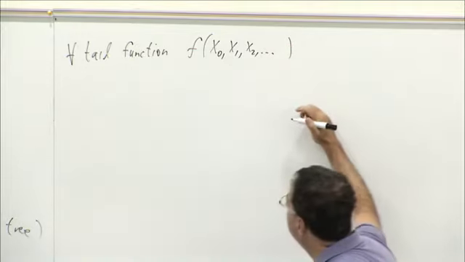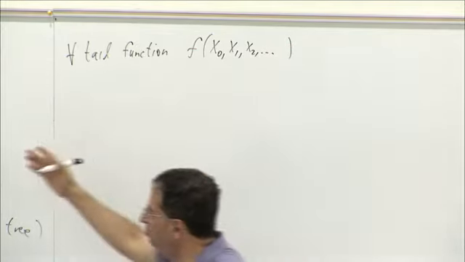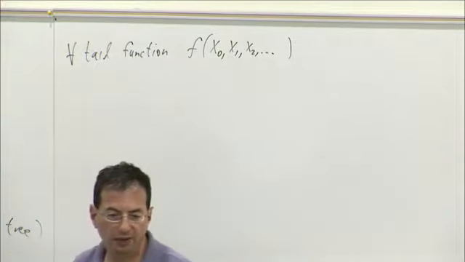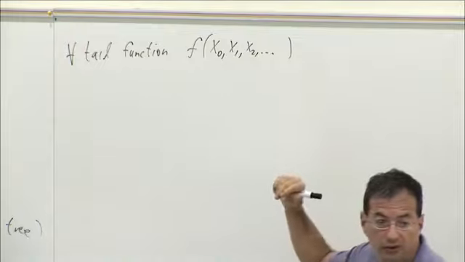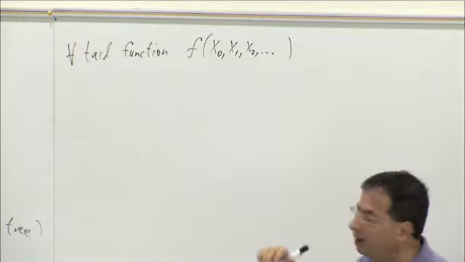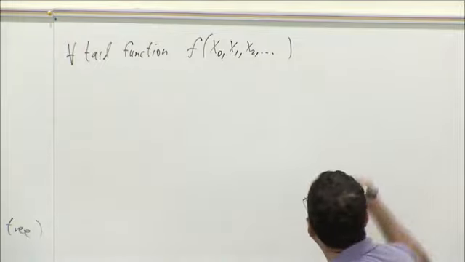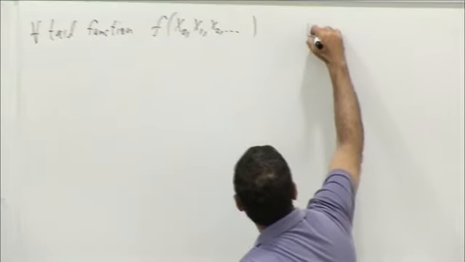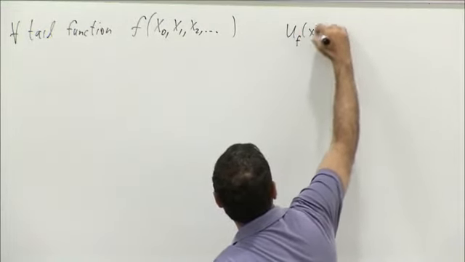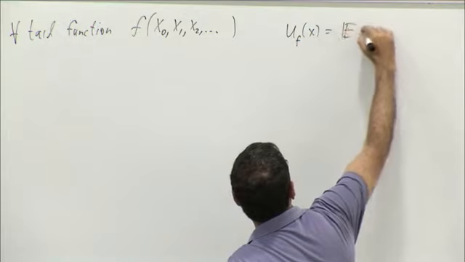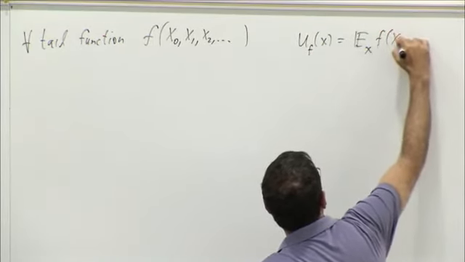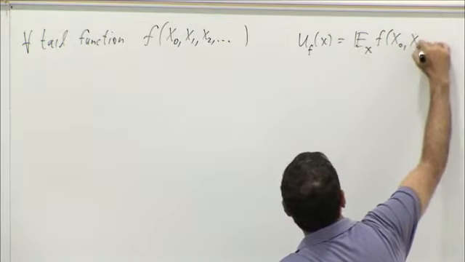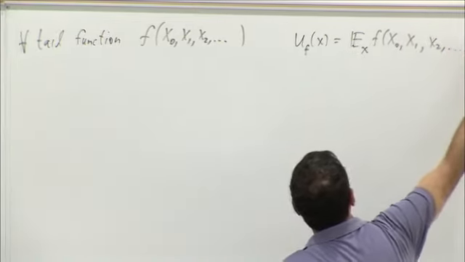Formally, it means it's measurable with respect to the tail sigma field, or equivalently, it just doesn't change if you change the first few steps of the path. And so for any tail function f, you can define u_f of x to be the expectation starting from x of f. So we start a random walk at x.